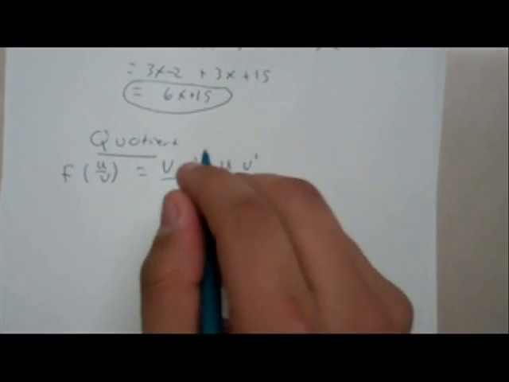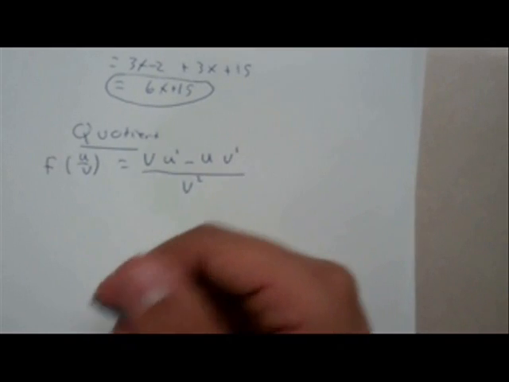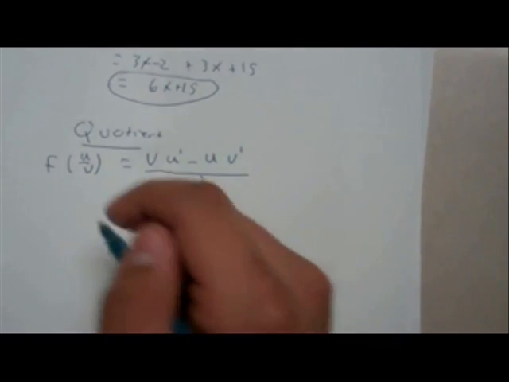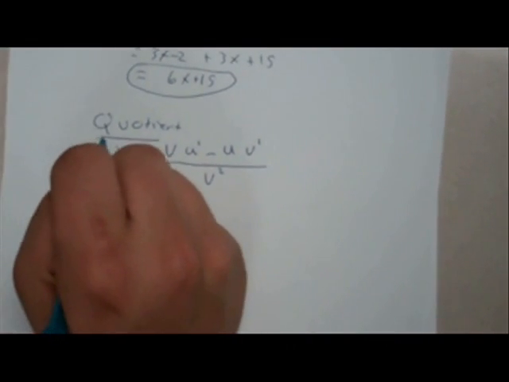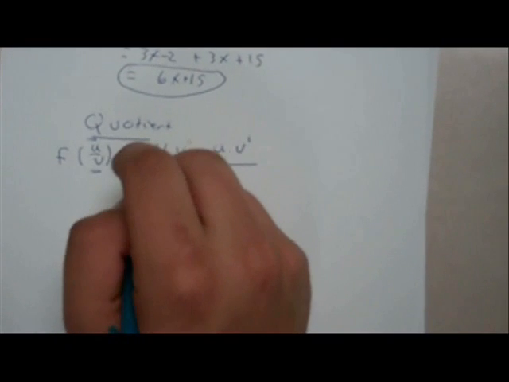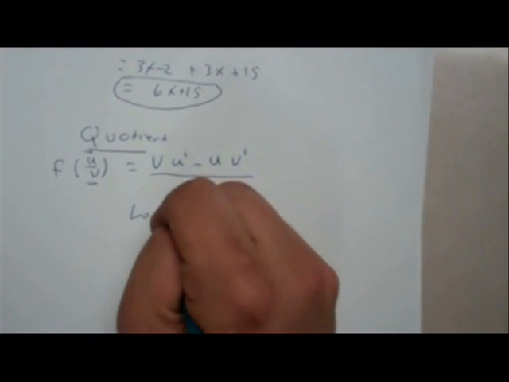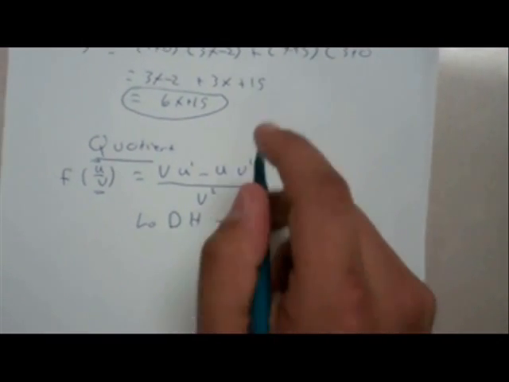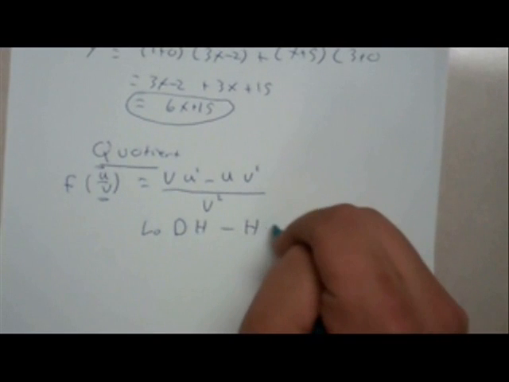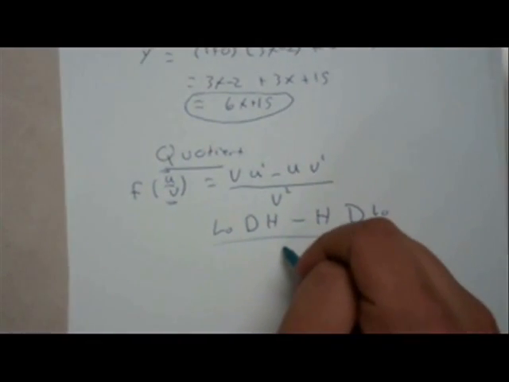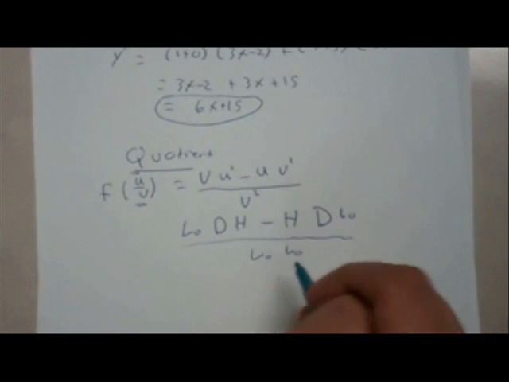Now this is going to sound complex, but a good way to remember this, how I was taught it, is to think of low and high. So you say low d high, which means the derivative of high. You're taking low multiplied by the derivative of high, minus high d low, over low low, or low squared.